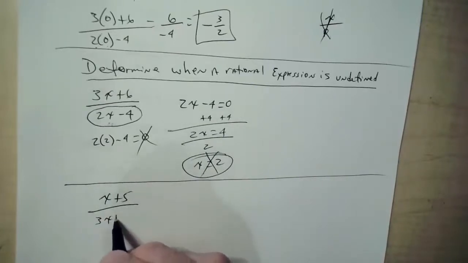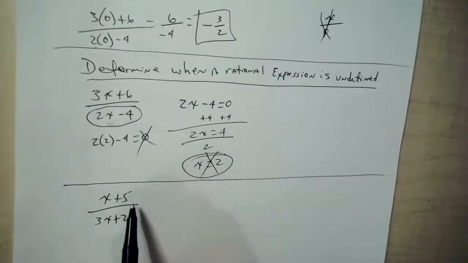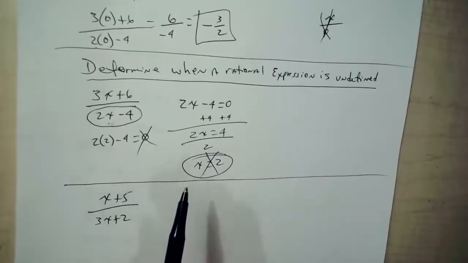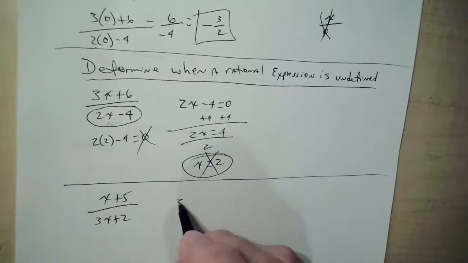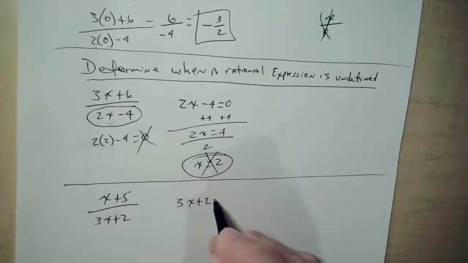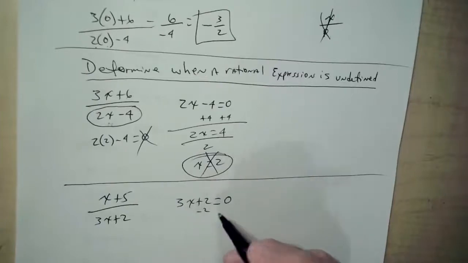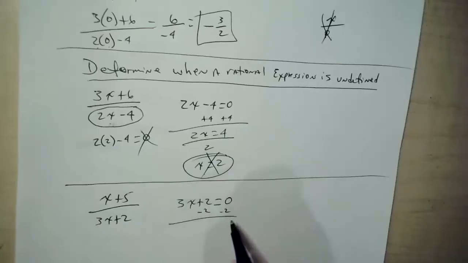Now if we have x plus 5 over 3x plus 2, determine where the rational expression is undefined. So all we do is we take the denominator, 3x plus 2, and set it equal to 0.